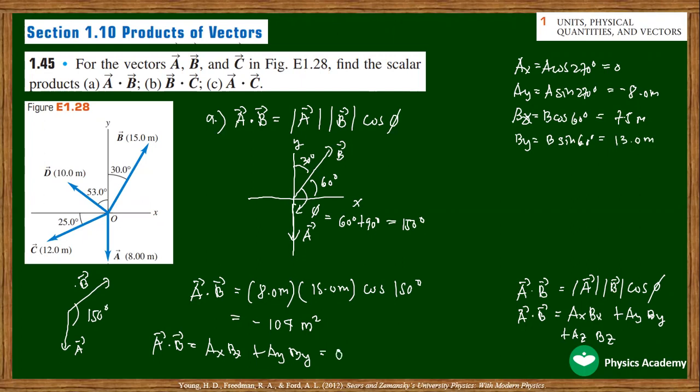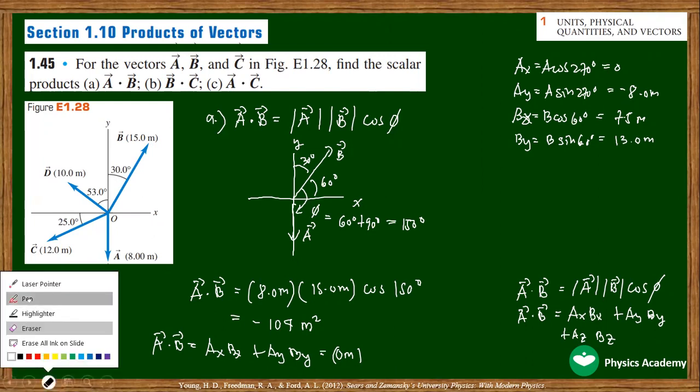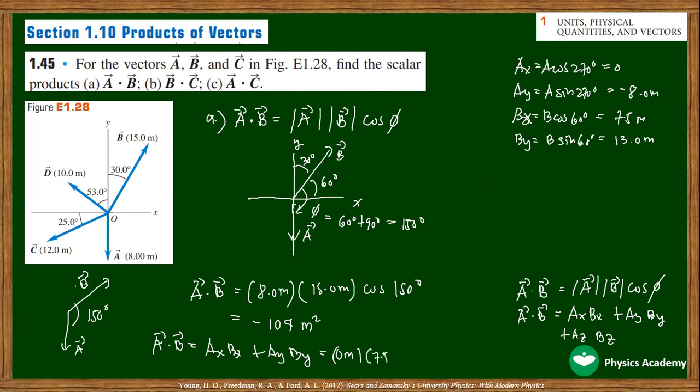So we have 0 meters times 7.5 meters, plus Ay, negative 8.0 meters, times 13.0 meters.